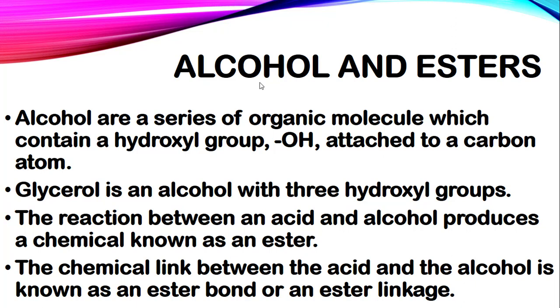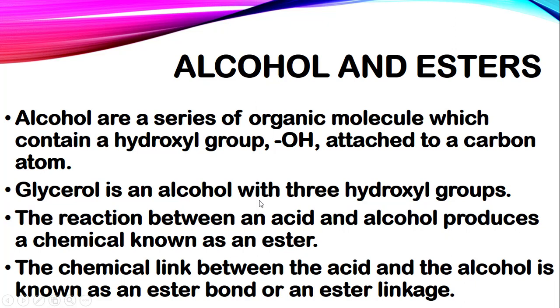Now, what are esters? We explained that esters are molecules formed as a result of acid and alcohol reaction. Alcohol reacts with acid to form esters. Alcohols are a series of organic molecules which contain a hydroxyl group OH attached to a carbon atom.